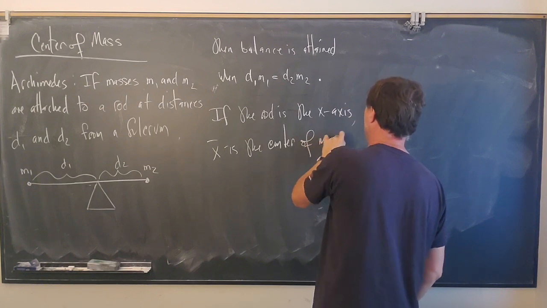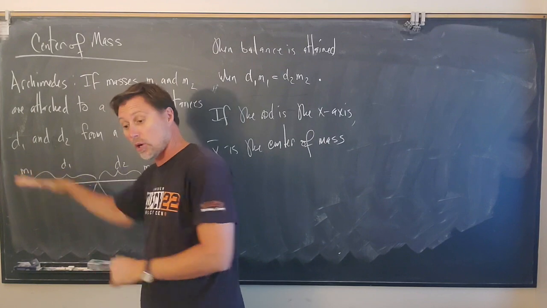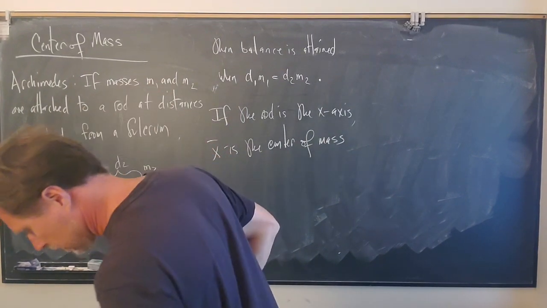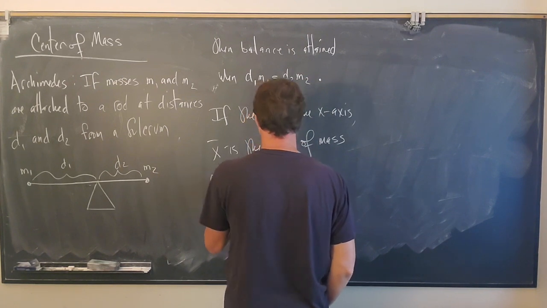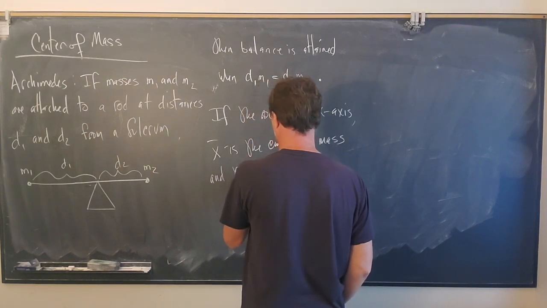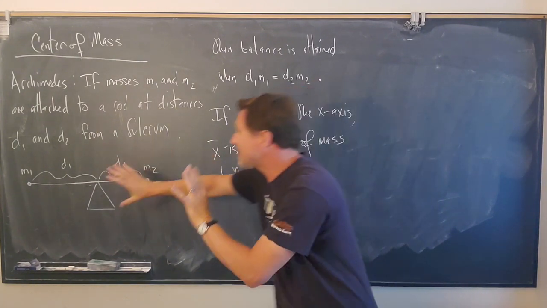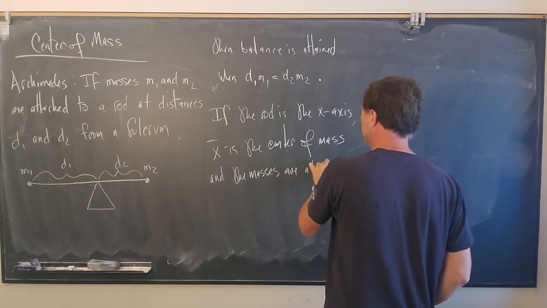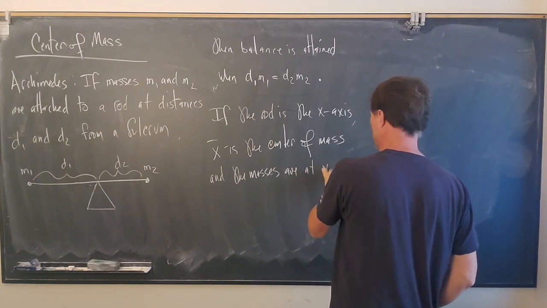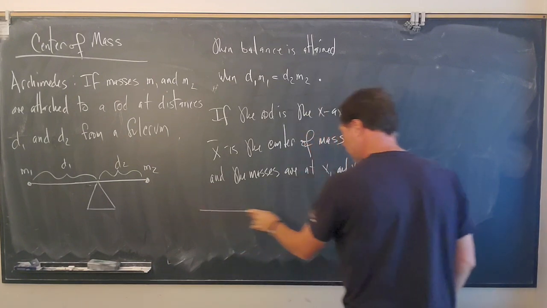The center of mass is the spot where the fulcrum needs to be to ensure that we have balance. What I want to do is put this setting onto the x-axis. So the masses are at x1 and x2. So now let's draw the picture.